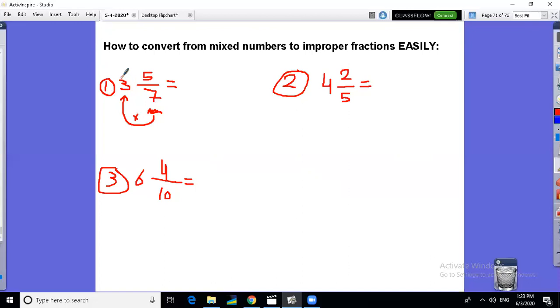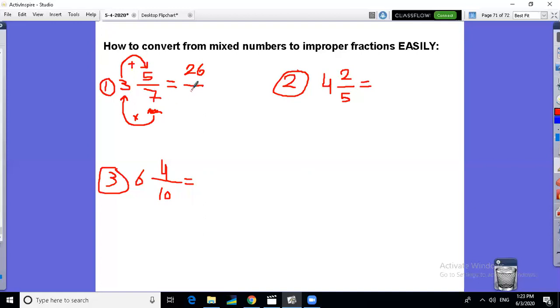And then we add to 21 the numerator, which is 5 here, gives us 26. Exactly. So here the numerator becomes 26. After multiplying 7 by 3 is 21, adding 5 is 26.